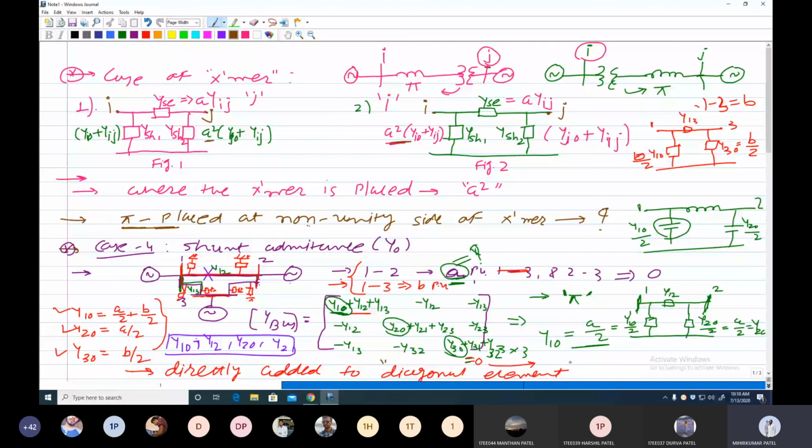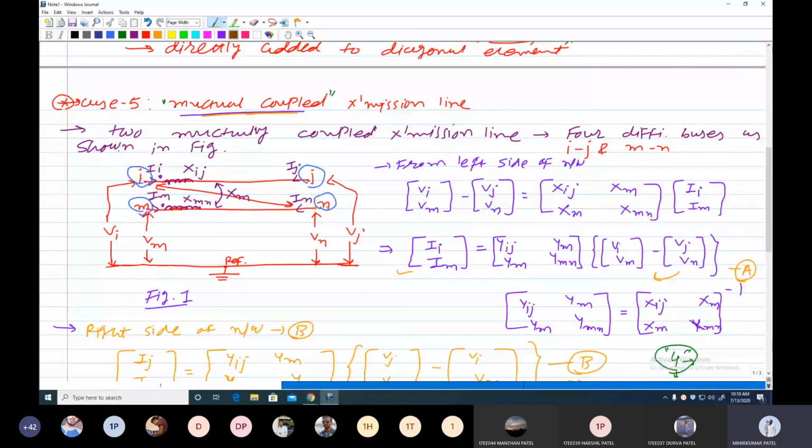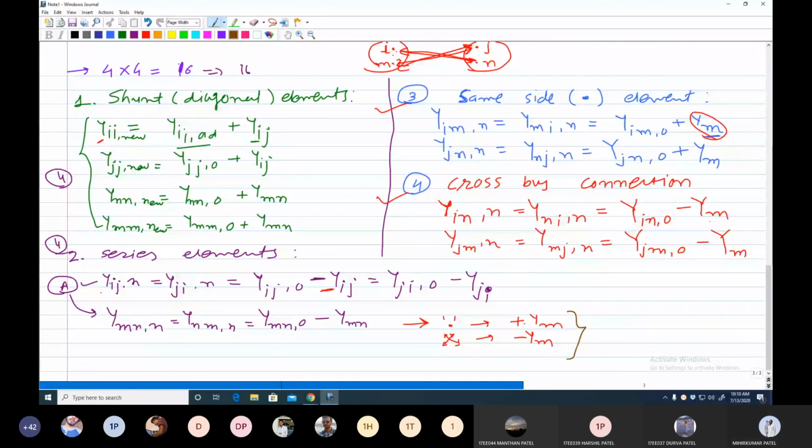And the case of mutual coupled transmission line: in this case, we have derived the conclusion that the mutual element is directly added to the same side element and subtracted from the cross bus connection. So I hope you are clear up to this.